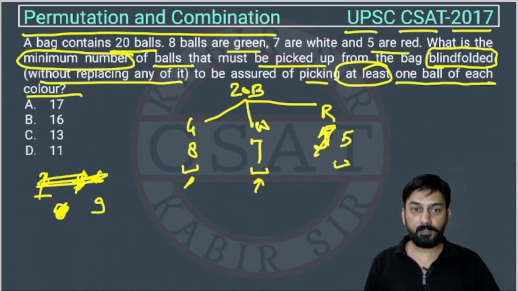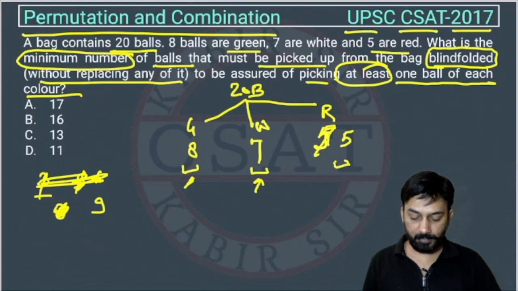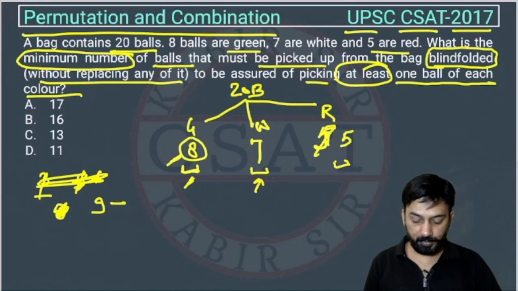We can be sure that balls of 2 colors we will pick this time, because the maximum here is 8, right? So we must pick this much to ensure that at least 2 colors of balls are picked. Why? Because we have picked 9 balls. There may be a possibility that out of these 9, 8 are green and 1 must be of another color, right? So if we are picking 9 balls, we are getting balls of 2 colors, right?